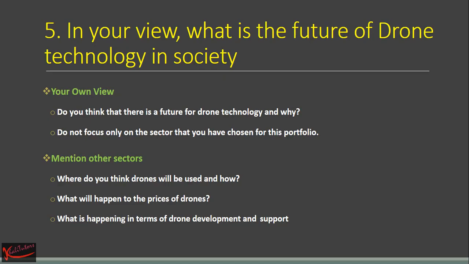For example, there are maybe industries that have not yet utilized drone power, but they have a potential to use drones to make their work more efficient. You can say that. Do not focus only on the sector that you have chosen for this portfolio. You need to mention other sectors as well. Just an overview of drone technology as a whole, not in the sector that you have chosen.